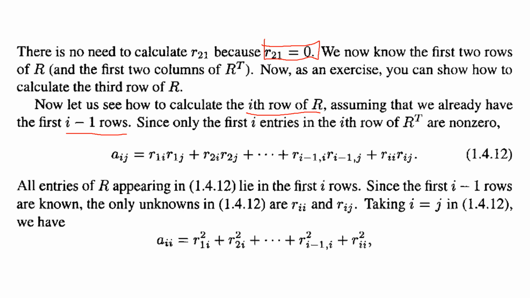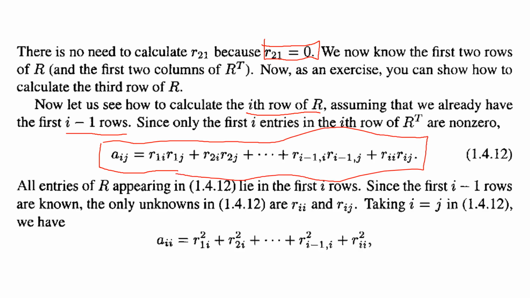Therefore, Aij is equal to R1i R1j plus R2i R2j and so on. This relation will help us to calculate any entries of the row of the R matrix.